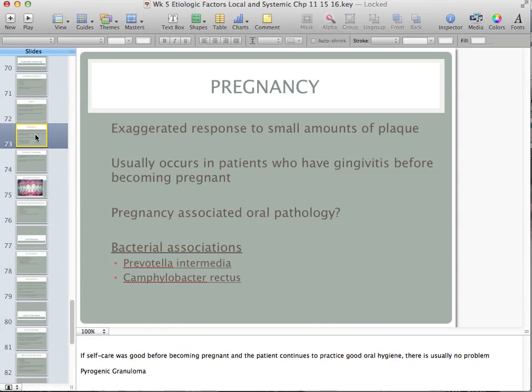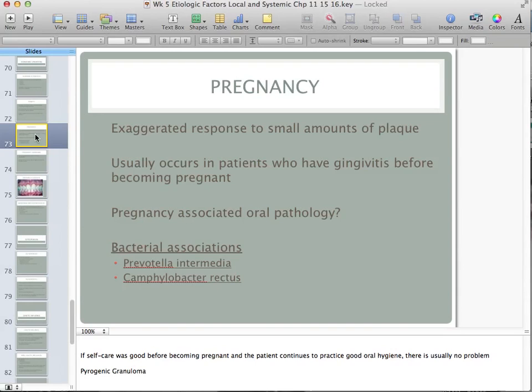And then Campylobacter rectus, well, what could we say about that? I'm not sure, but we'll just have to associate that with pregnancy. Campylobacter. You can think I named my kid Philo, or you can think I got pregnant at summer camp. You know, those things might work.